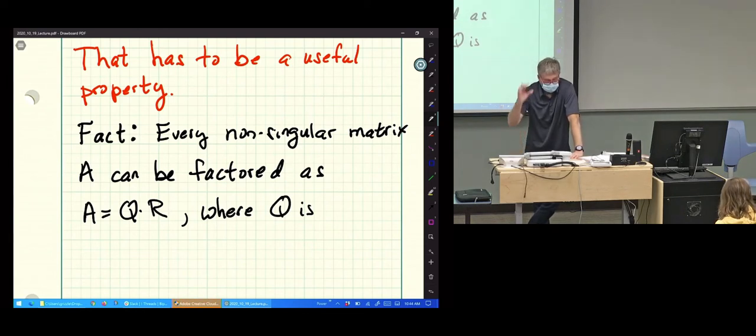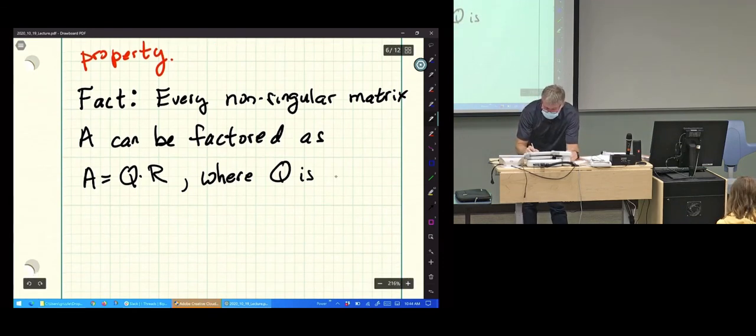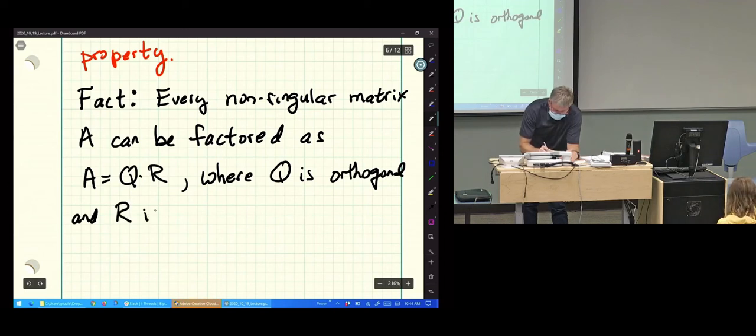Yeah, and we're going to have this really cool algorithm that just starts out with a matrix whose determinant is non-zero, and just go for it, where Q is orthogonal and R is upper triangular.